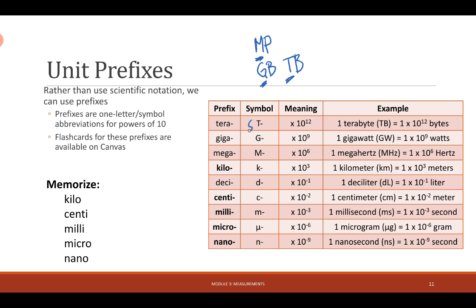So terabyte, gigabyte, and megabyte are the T, G, and M here. You might also make files on your computer and know how many kilobytes those files are. So these first ones are very familiar when shopping for computers or cameras or whatever.